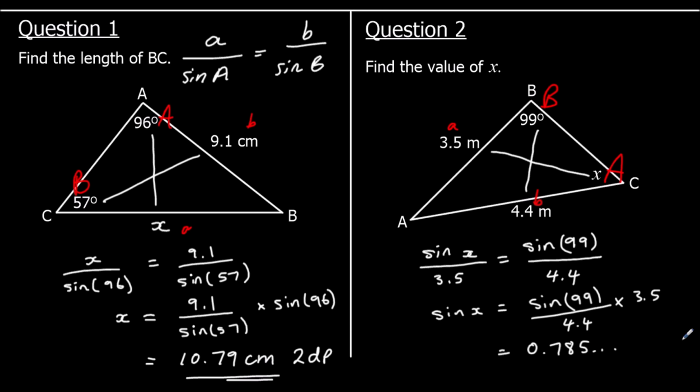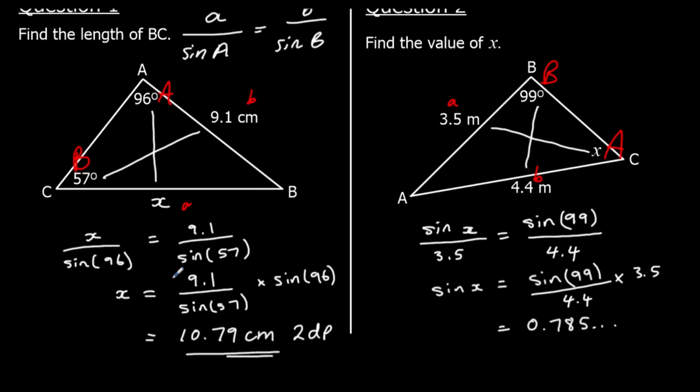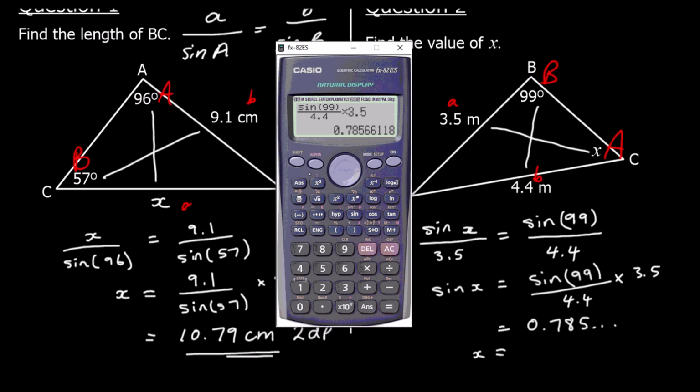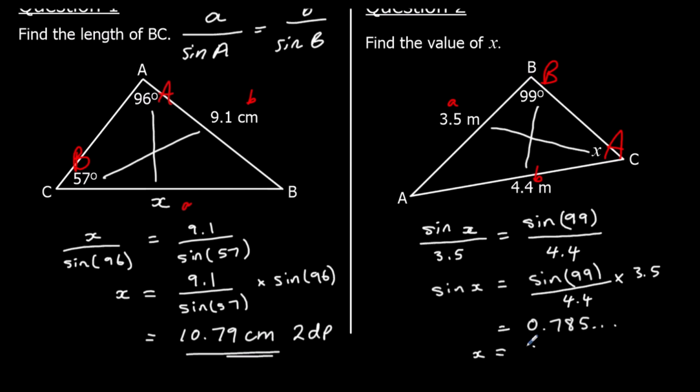And we want to get x away from sine, so we shift sine our answer, and we get 51.78 to 2 decimal places. So 51.78 meters to 2 decimal places.